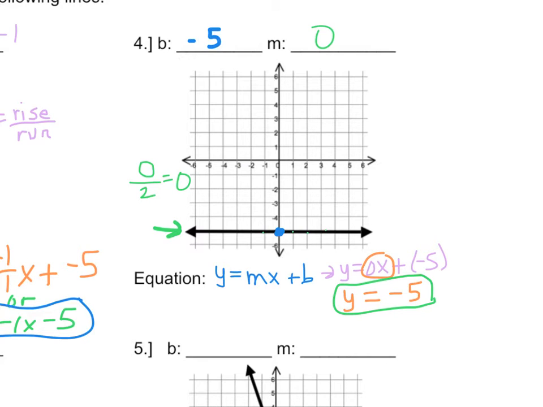And there is no slope. That one's a little tricky. So maybe star this one. Look what happens when you have a 0 slope.